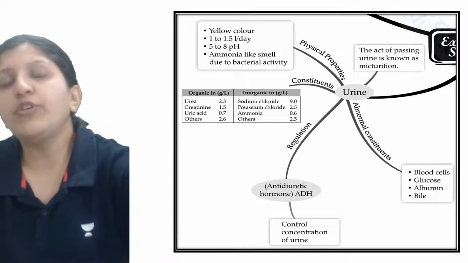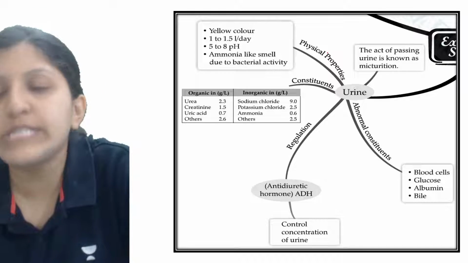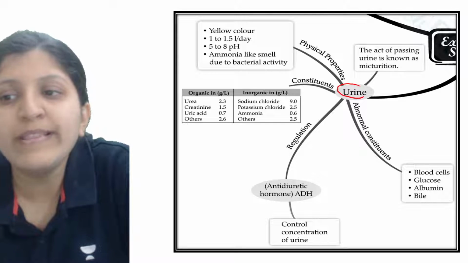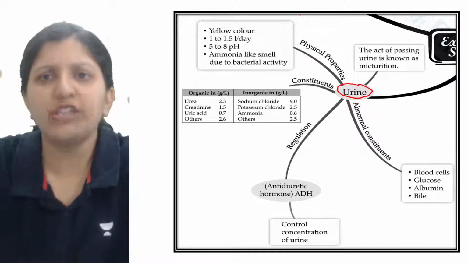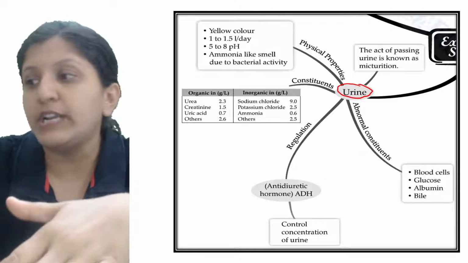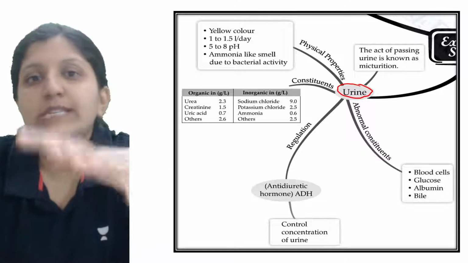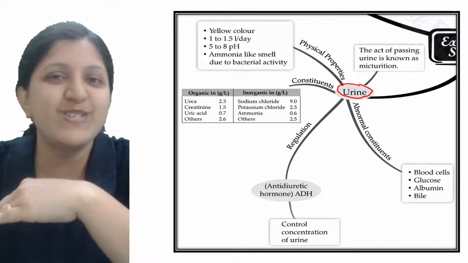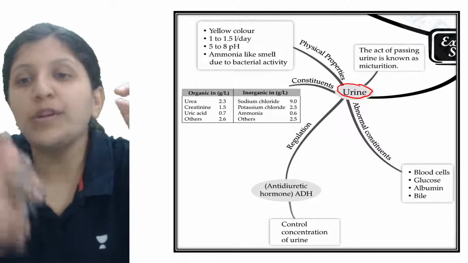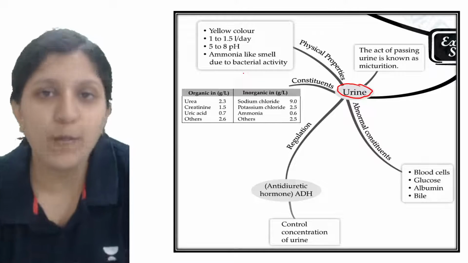Now the coloration of urine and certain physical properties. The urine is formed after all these processes. Under higher hydrostatic pressure the blood is filtered, and then there is reabsorption and tubular secretion. Only after that can we call it urine. What are the physical properties of this urine?